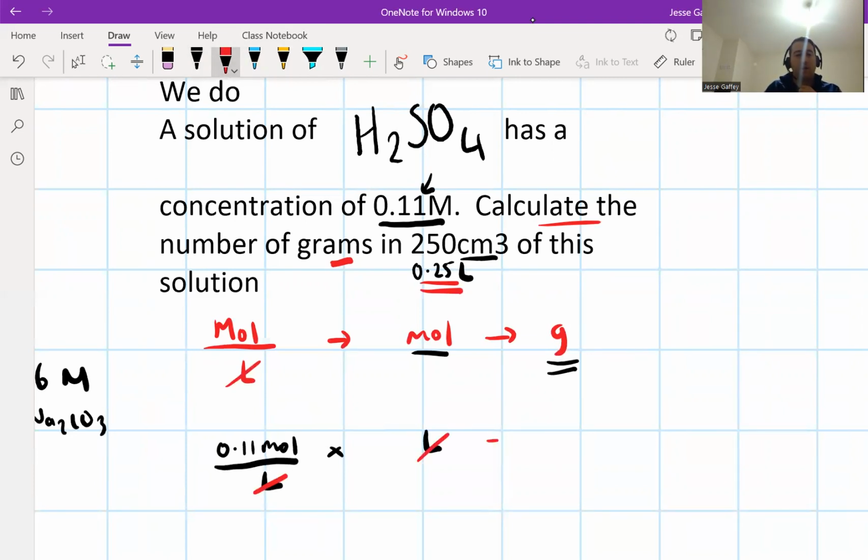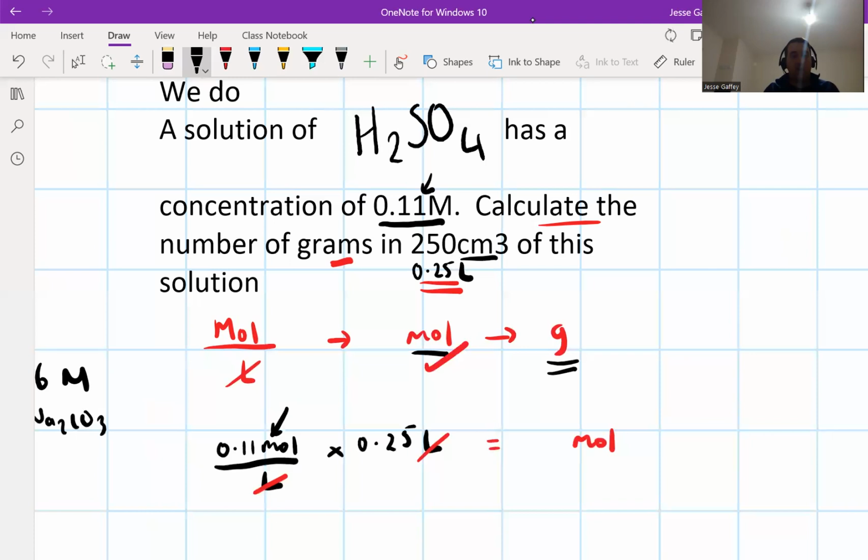So I'm going to multiply it by this different amount of liters to get the moles. When I do this, my answer should be in some amount of moles, which is good because that was the middle unit here. So you're going to pause the video and write down the number of liters, and then calculate the number of moles. Do that now. Okay, so of course I have 0.25 liters, and I get 0.11 times 0.25.